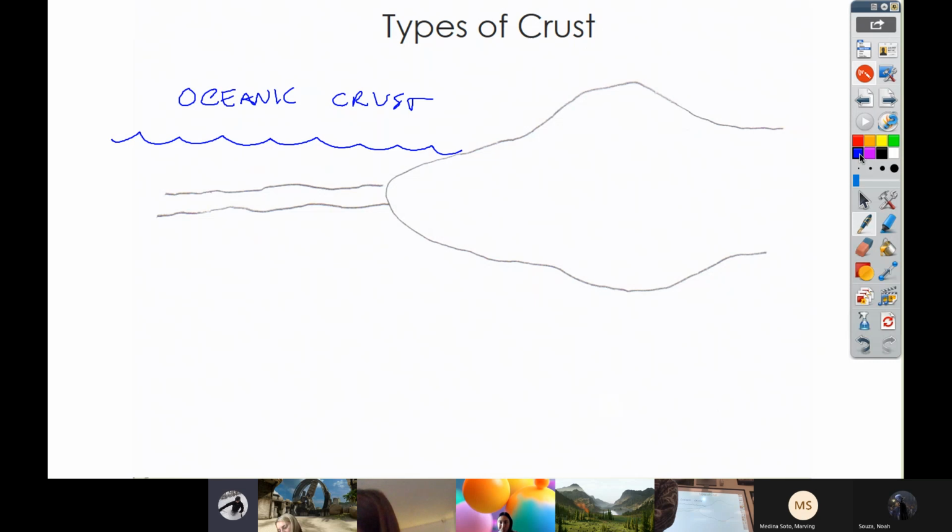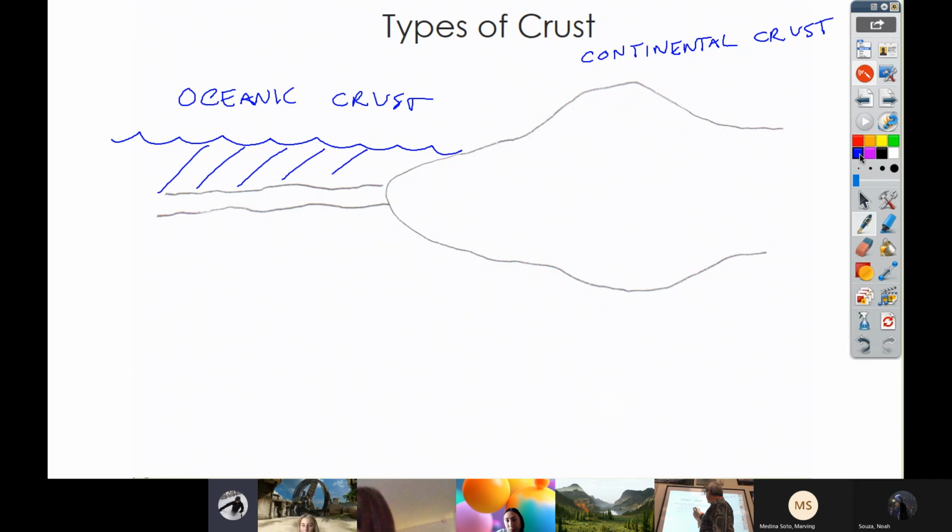Meanwhile, the plate on the right is called continental crust. The next thing to think about, oh, and you can see for sure, just by a glance, which one's thin and which one's thick, right? Now, when we're talking about oceanic crust, we're not talking about the water here. We're not counting the water. We're talking about the sea floor. And that's like 5 miles thick. This is like 50 miles thick.